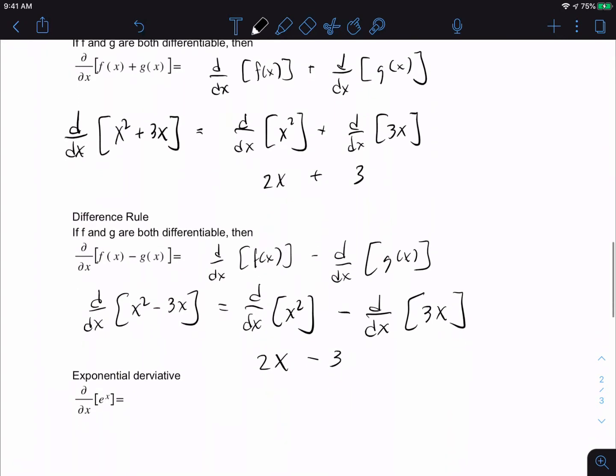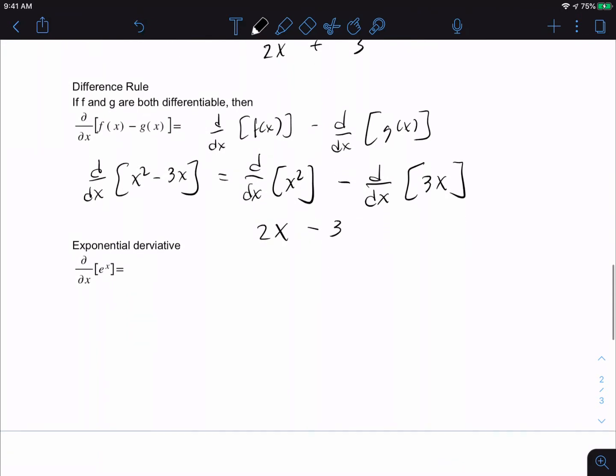The next piece is e to the x. Everyone makes a big deal about the number pi. E is a function whose derivative is the same as its y value everywhere. That's so cool. So the derivative of e to the x is in fact e to the x itself.